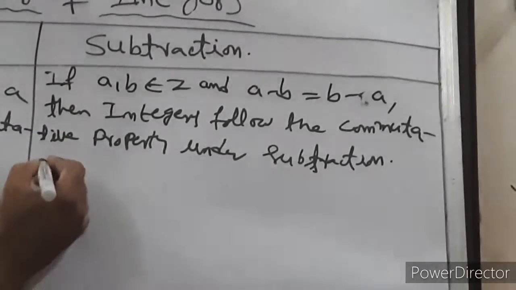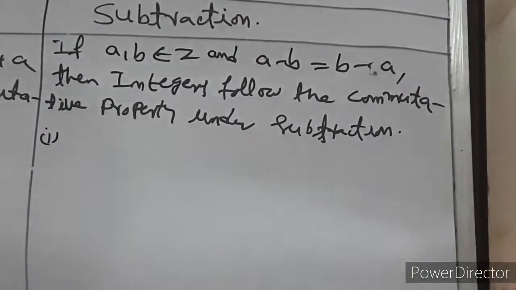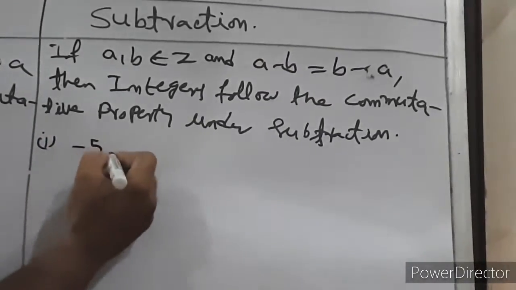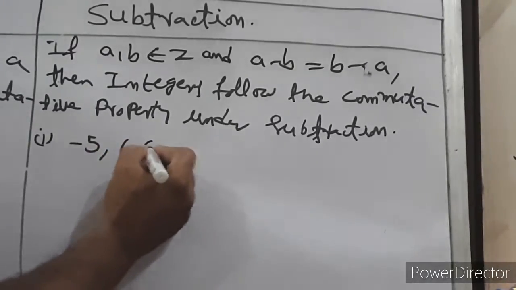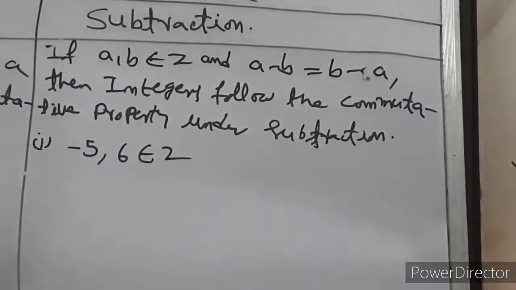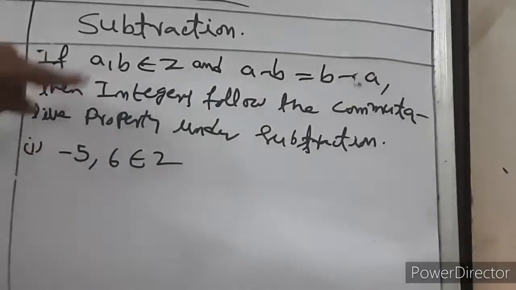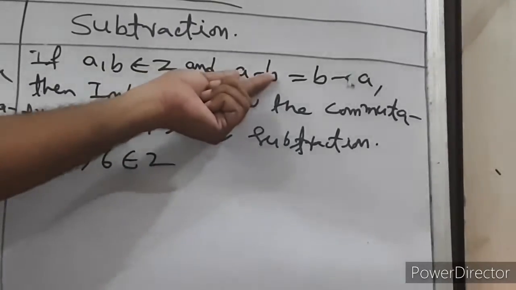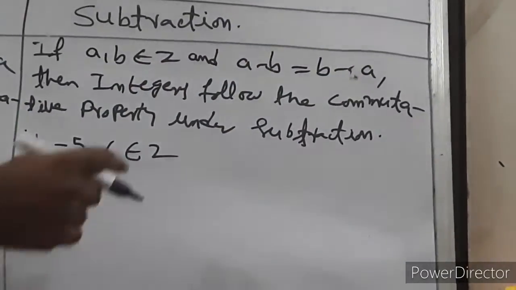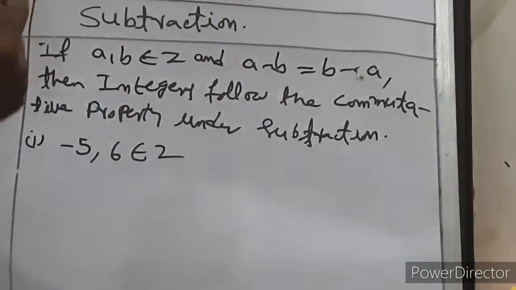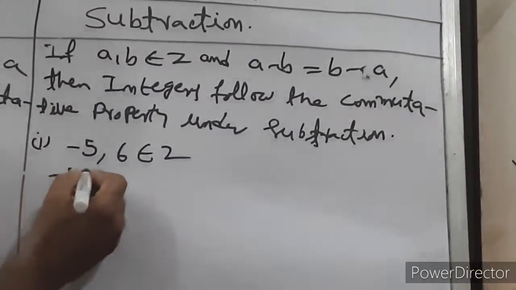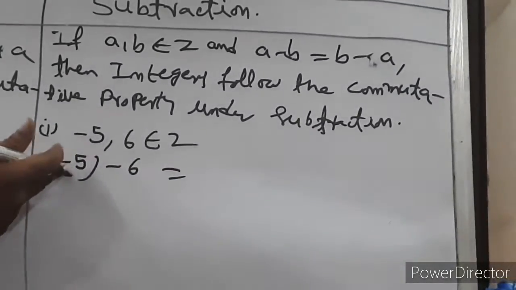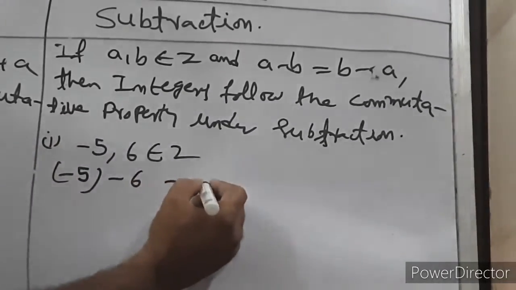That is one: minus 5 and 6 belong to Z. Here, taking minus 5 as A and 6 as B, we have to find A minus B and B minus A. So to find A minus B: A minus B means minus 5 minus 6, which is equal to minus 11.